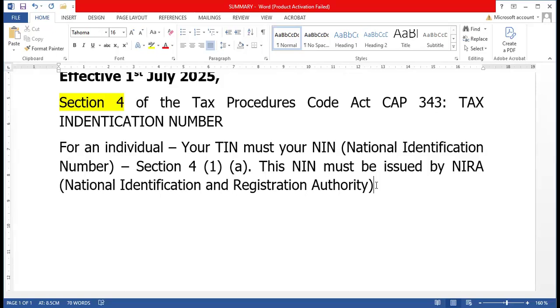As you register for your TIN, we are going to see this practically: if you put in the NIN, the URA system will communicate with the NIRA system and the information will auto-populate. So you cannot register for a TIN when you don't have your NIN. That is something you need to know.